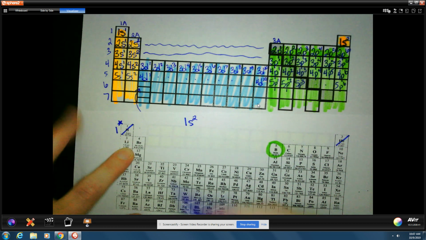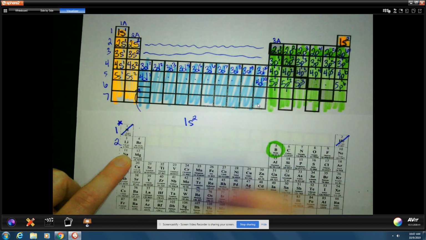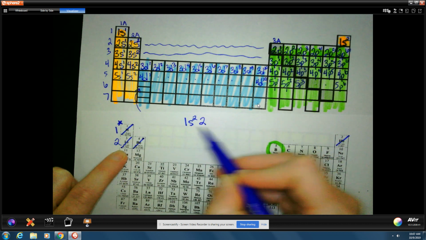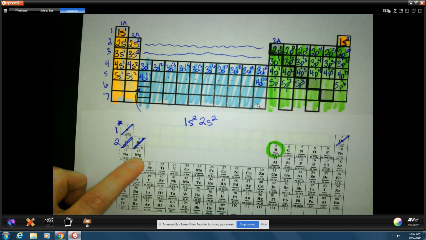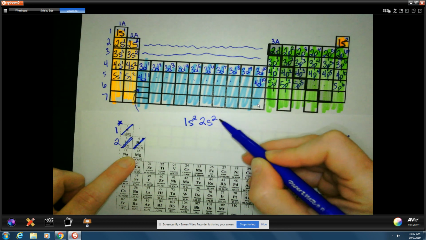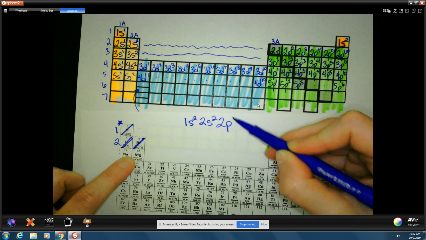Now you're going to go to energy level 2, right? And I'm in my S block. And to get to boron, I have to go through both of these. So energy level 2, S block, I crossed off 2 of them. Now to get to boron, I do have to cross it off. I'm still in energy level 2, but now I'm in the P block, and I just crossed off 1.